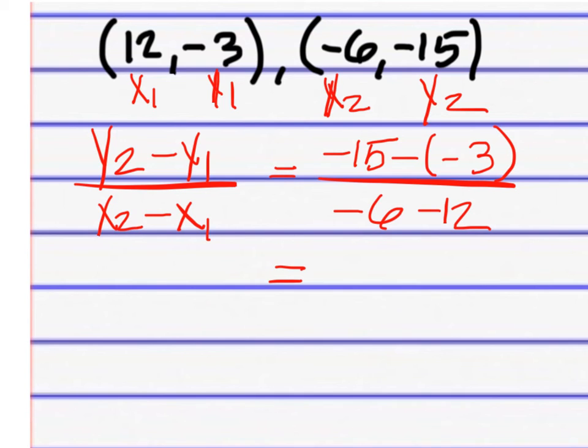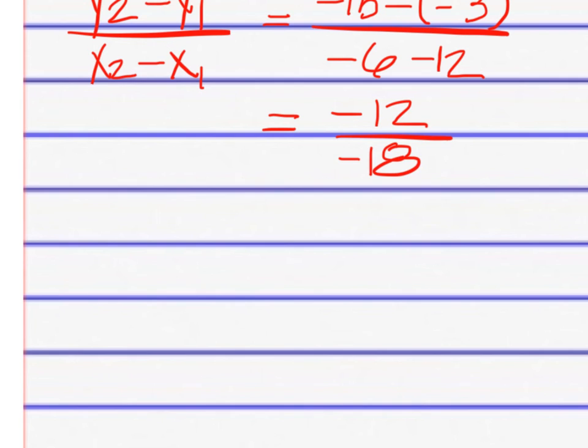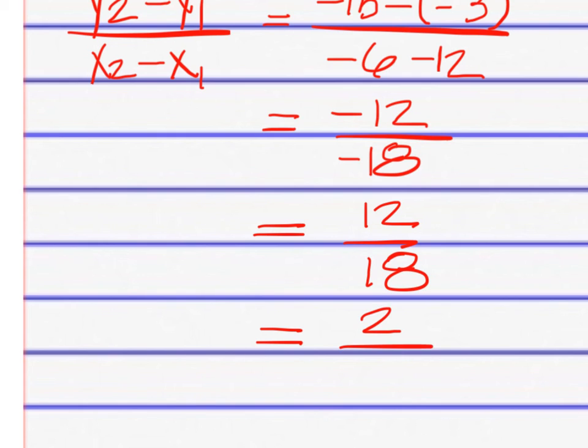Negative 15 minus a negative 3 is a negative 12. Negative 6 minus 12 is a negative 18. That is a double negative, so it becomes positive 12 over 18. And you must find the highest number that divides into 12 and 18, and that is 6. 6 into 12 2 times, and into 18 3 times.